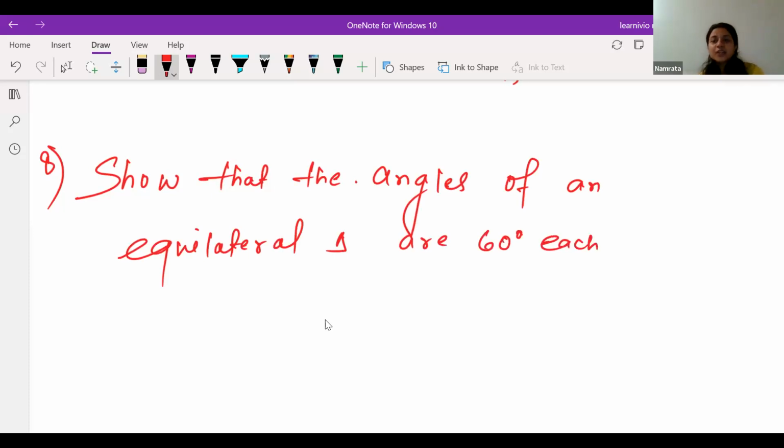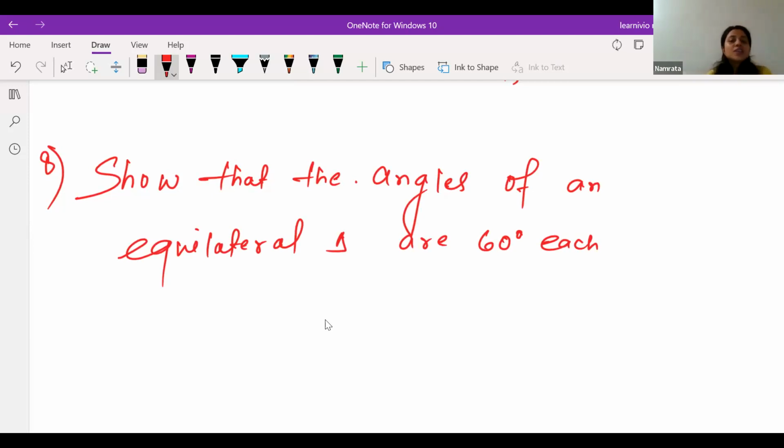Okay, we already know equilateral triangle means all sides same. If all sides same, then all angles same. All angles same, then 60 degrees each. We already know that 60, 60, 60 will make 180 degrees by angle sum property. But here we are supposed to prove it.